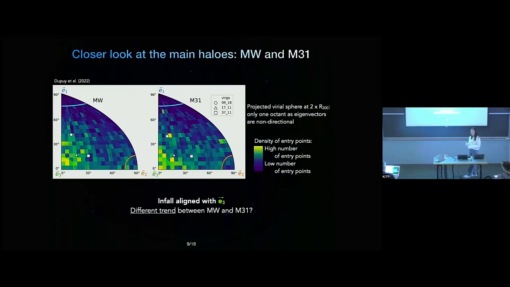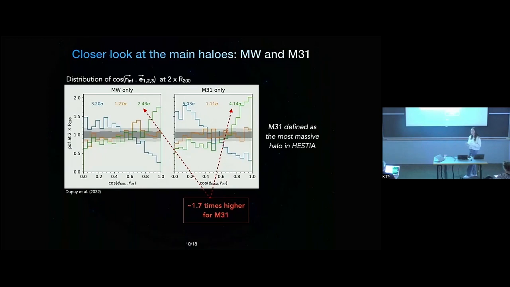So let's have a closer and more quantitative look at this by looking again at the distribution of the angles between the eigenvectors and the infall direction. I promise you it's the last plot I'm showing like this. On the left, we show the Milky Way satellites only, and on the right, the M31 satellites only. In both cases, we see an alignment with the E3 eigenvector.